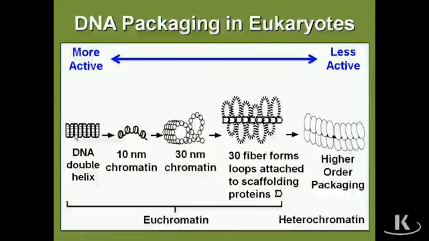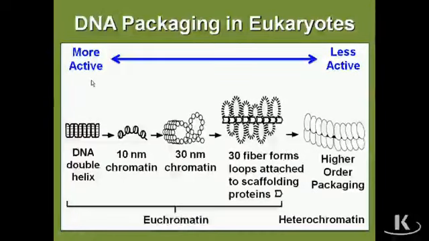The more it goes from double helix all the way up to these associations of rosettes in this higher order packaging, the less transcriptional activity is going to be going on. I should say it this way: the less highly ordered the structure is, the more transcriptionally active it will be.